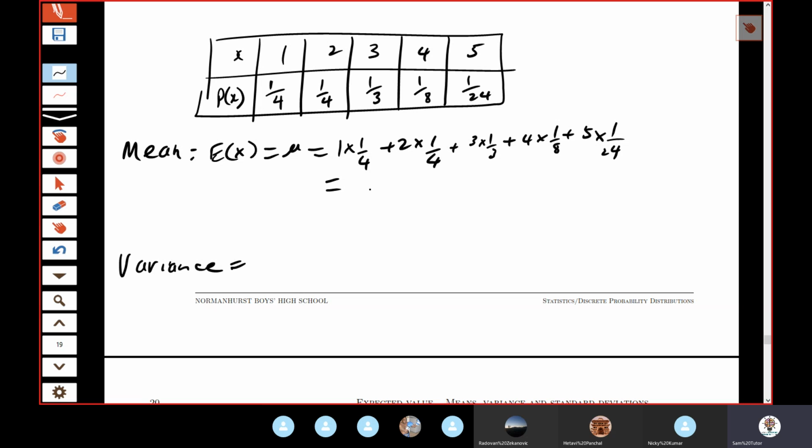So 1/4 plus a half plus 1 plus a half plus 5/24. 59/24, in other words, 2.4583 recurring.